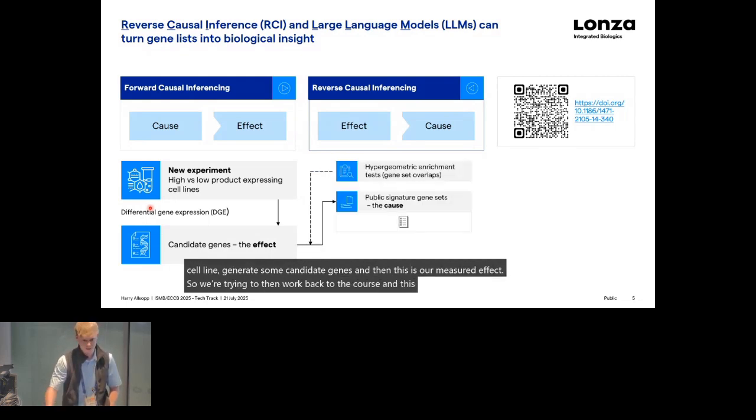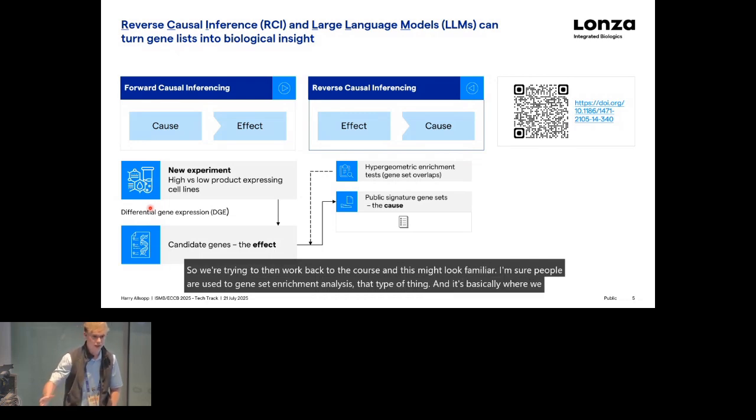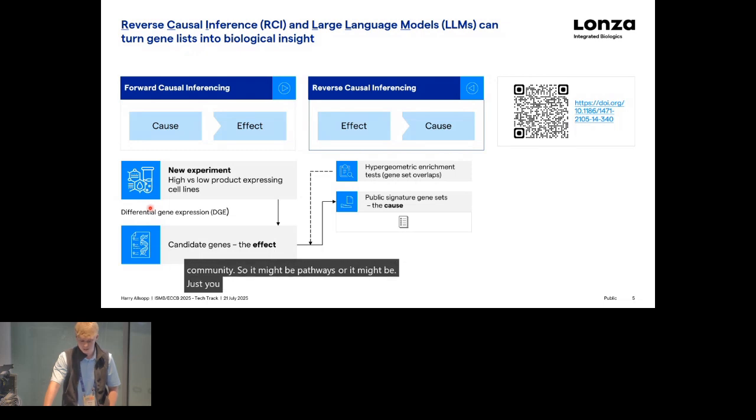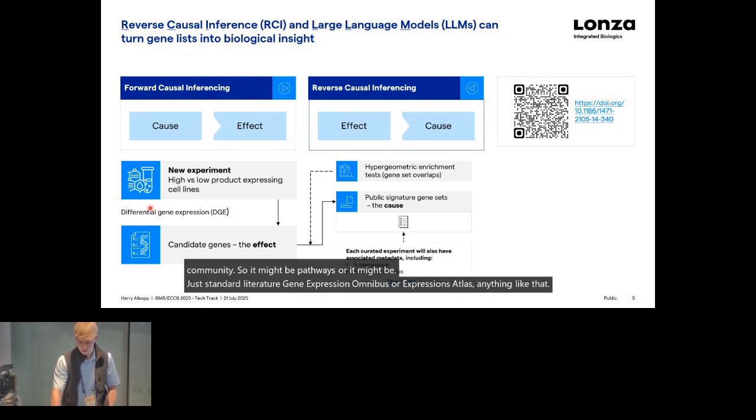This might look familiar. I'm sure people are used to gene set enrichment analysis, that type of thing. It's where we can take that effect, take those measured genes, and measure them against other signature sets. In this case, we can take public signature gene sets that have been curated by the community. It might be pathways, or standard literature, Gene Expression Omnibus or Expression Atlas, anything like that.